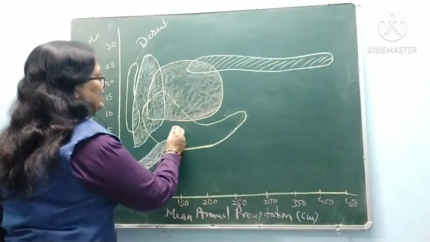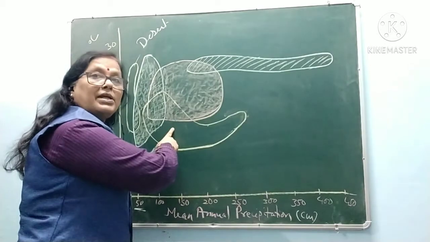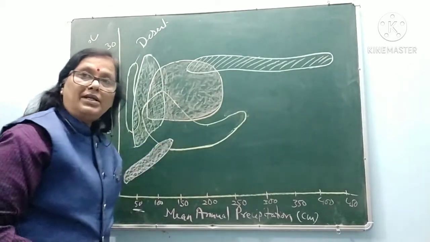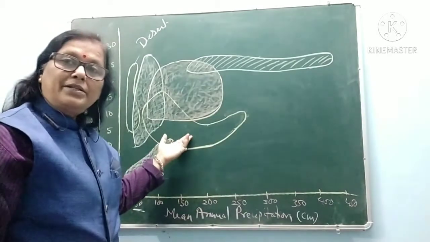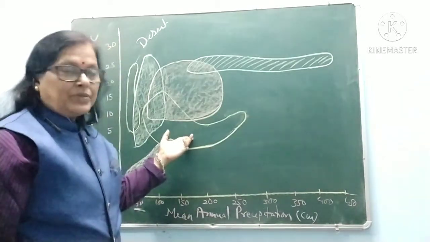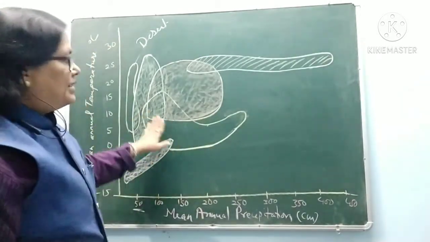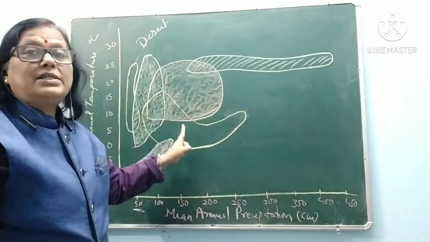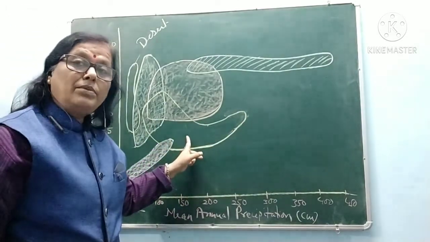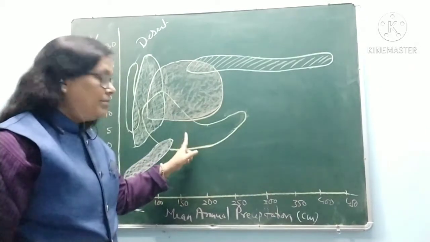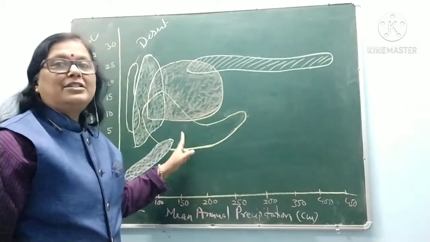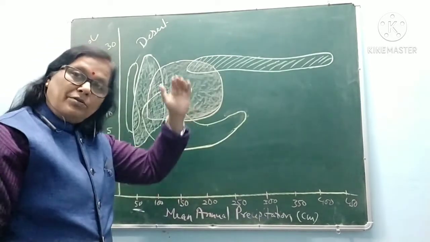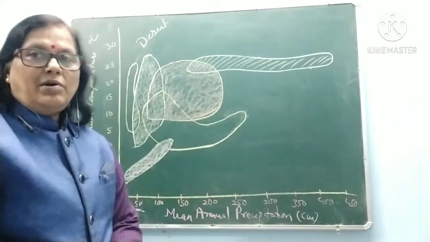This is actually the coniferous forest, taiga. As I told you earlier, taiga has conifers like pines, spruce, larch, and it is an evergreen forest. This is the largest biome of the biosphere. It is a very important one, an evergreen forest, and its position is in between tundra and temperate forest.